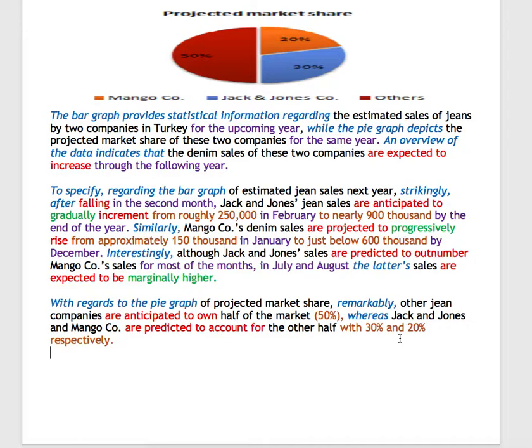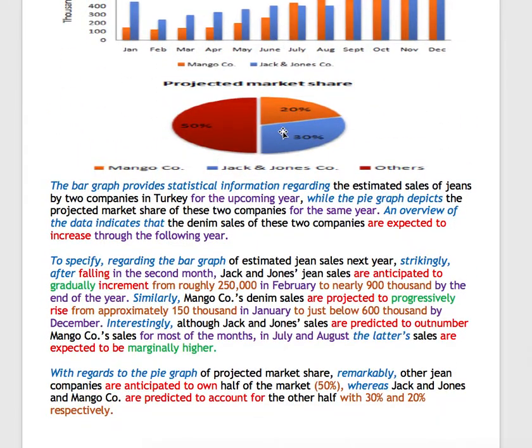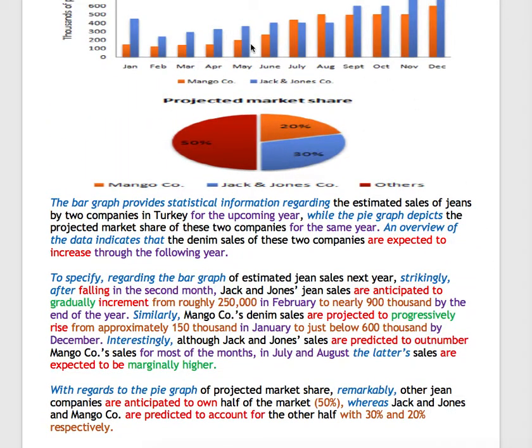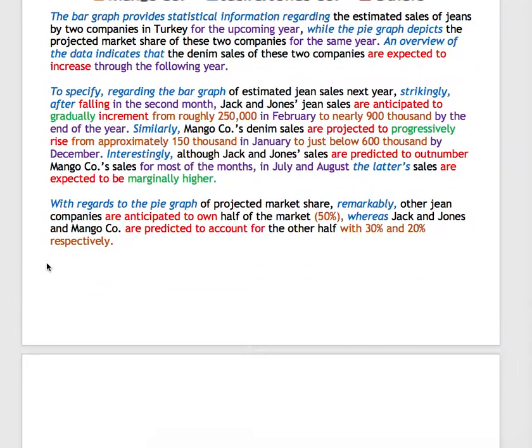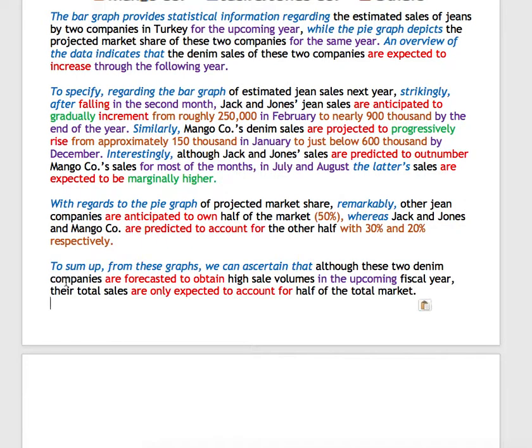Anyway, okay, that's it. We talked about the bar graph, we talked about the pie graph. Now we're going to summarize it all up also in one sentence. Something that can kind of show what we understand here. Remember, we don't want to be too repetitive. Sometimes we have to, but what does it say?